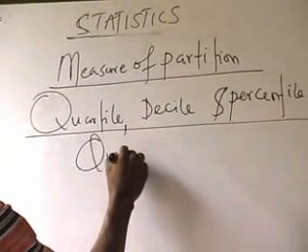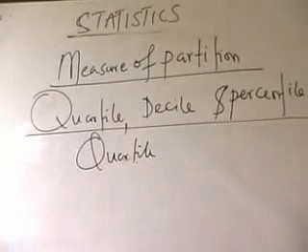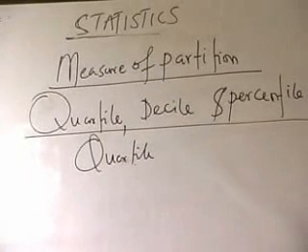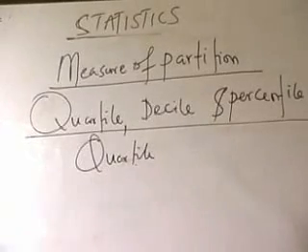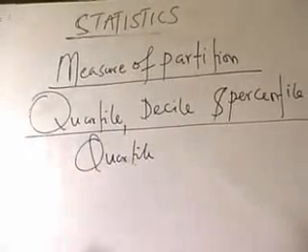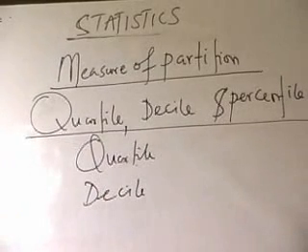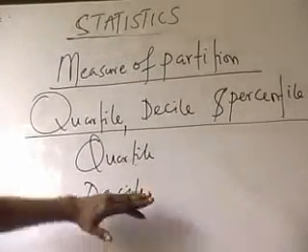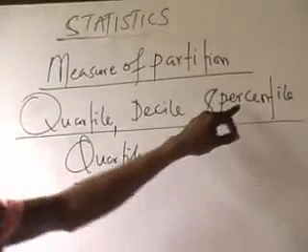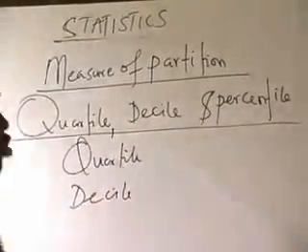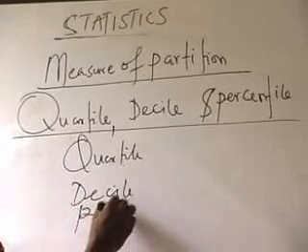Quartile simply means division of data of a given distribution by 4. Then what do we mean by decile? Decile simply means division of data of a given distribution by 10. That is the meaning of decile. Then percentile simply means division of data by 100.